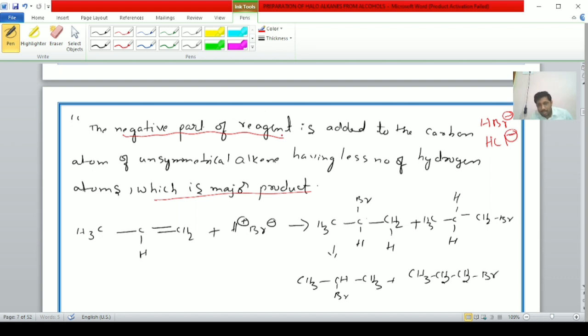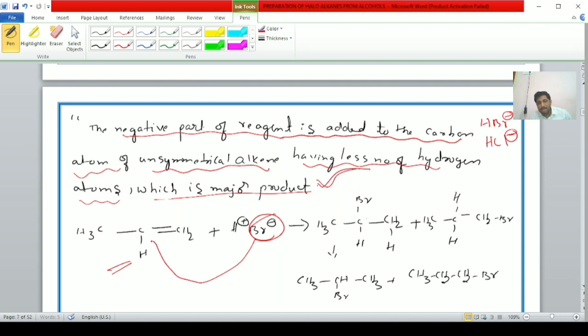That is, the negative part of the reagent is added to the carbon atom of the unsymmetrical alkene having the lesser number of hydrogen atoms, which is the major product. For example, the negative part of the reagent is Br minus, which is added to the carbon atom of the unsymmetrical alkene having the lesser number of hydrogen atoms.